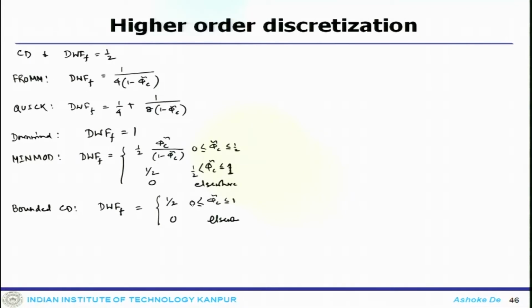Similarly, one can write for OSHER, where the DWF will have 3 segments: one is half phi c tilde into 1 minus phi c tilde, for phi c tilde less than 2 by 3; then 1 when phi c tilde is above 2 by 3, and 0 elsewhere.